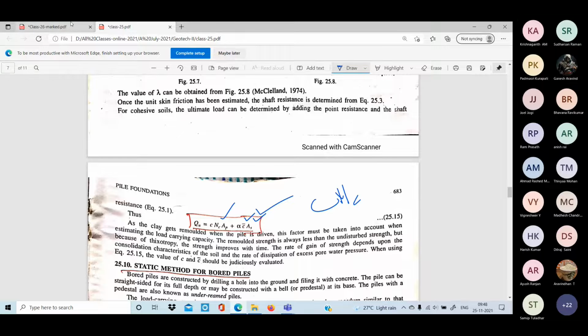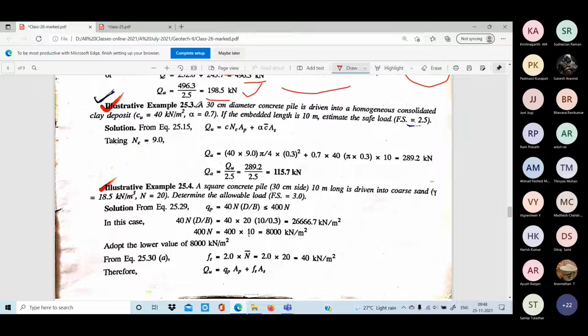So here, if you see this problem, a 30 centimeter diameter concrete pile is driven into homogeneous consolidated clay. Cu value is given, alpha is given, and the embedded length is 10 meters. Estimate the safe load, taking the factor of safety. This is our formula. Here C is 40, and NC we have to take as 9.